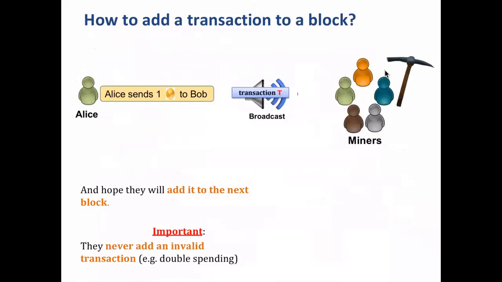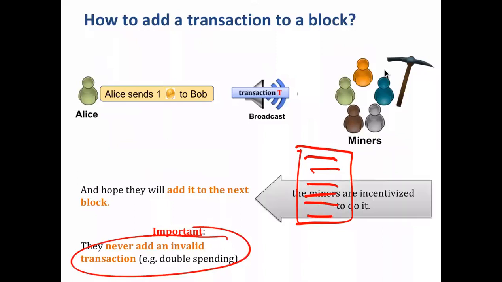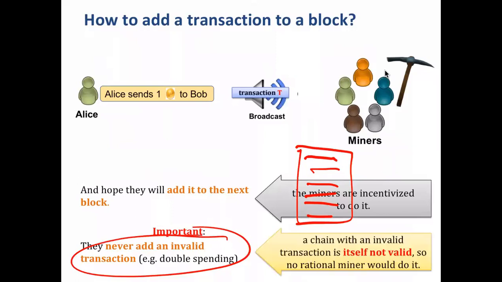Before creating the block, they check that all transactions are valid, so no invalid transaction is added. And why should a miner do this work of checking and trying to create a block? Because they will get some Bitcoin for that whole process.